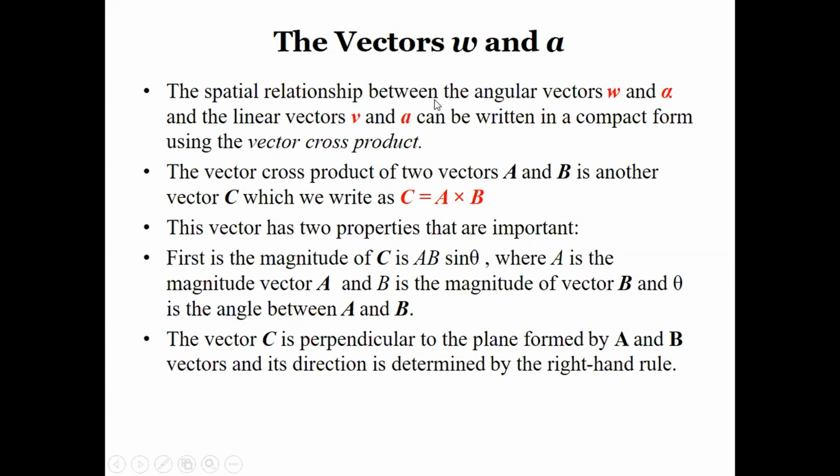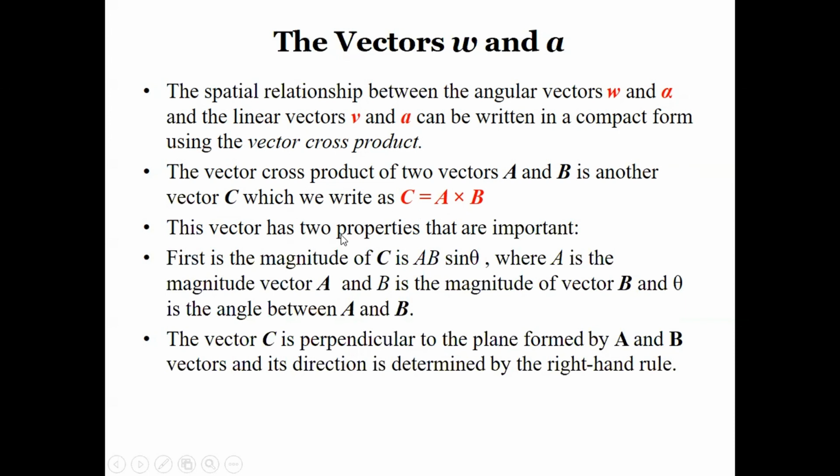The spatial relationship between the angular vector omega and the angular acceleration alpha, and the linear vectors velocity v and the acceleration a, we can write in compact form using the vector cross product. The vector cross product of two vectors A and B is a vector C, which we can write as C equal to A cross B.